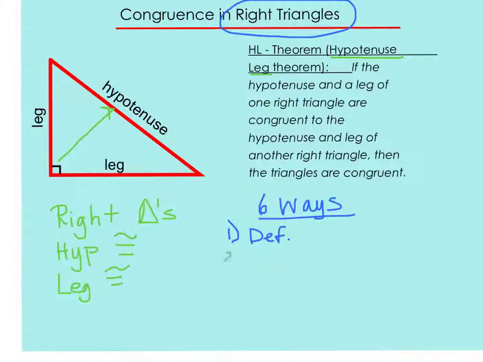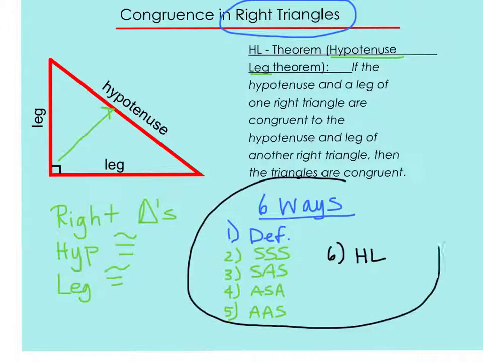So we have come up with 4 postulates that are useful: side, side, side, side, angle, side, angle, and angle, angle, side. And then we have one final postulate, HL, that's useful for right triangles only. So 6 ways, 4 of them for use in proof writing for regular triangles, 1 for use with right triangles, and a definition that tells us what congruent figures are to start with.